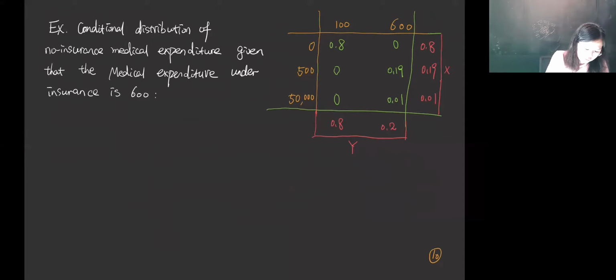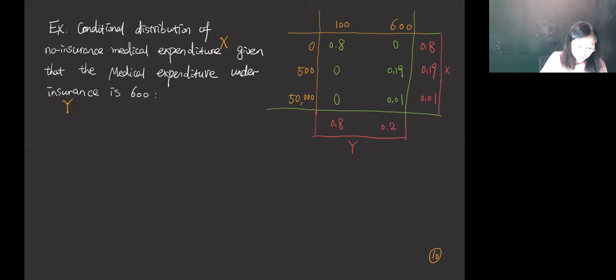Now let's calculate the conditional distribution of no insurance medical expenditure, which is x in this table, given that the medical expenditure under insurance, and that is y in this table, given that y equals 600.